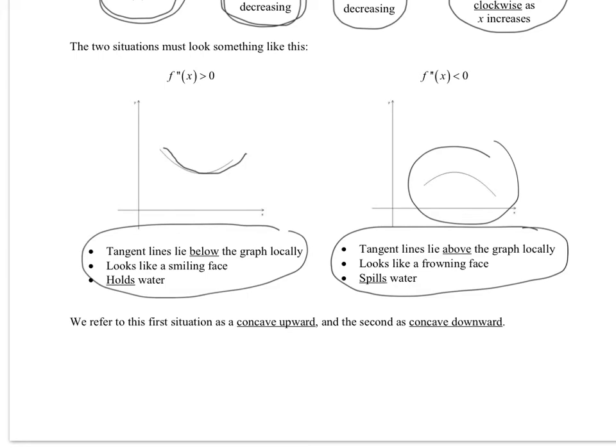We say that the graph on the left is concave upward, and the graph on the right is concave downward. So f double prime of x greater than 0 is associated with concave upward, and f double prime of x less than 0, concave downward.